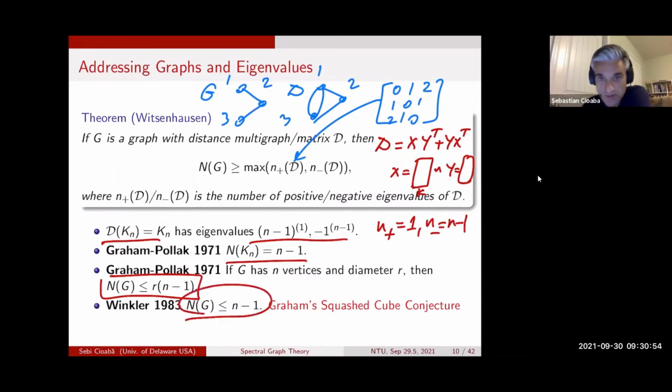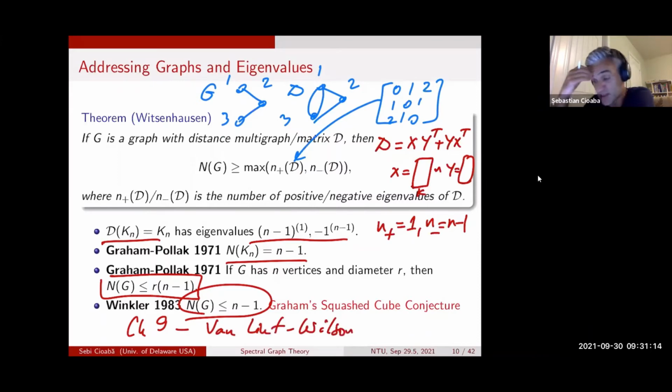The squashed cube, because of what I showed you earlier of how you squash the vertices of the cube. You can find the proof in Winkler's original paper, but it's also chapter 9 in Van Lint and Wilson's A Course in Combinatorics.